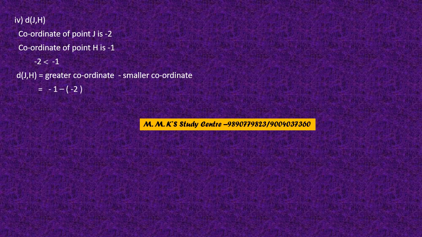So -1 is the greater number, minus -2. Again -1 will remain as it is, but minus and -2 will become plus. So -1 plus 2, answer you will get 1. So the final statement will be distance between J and H is 1 unit.